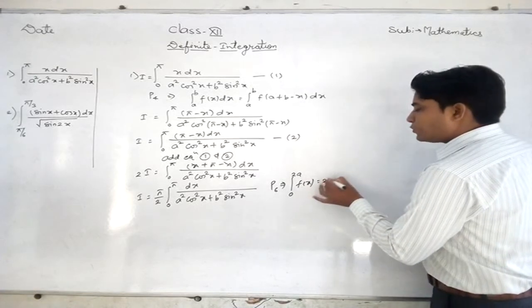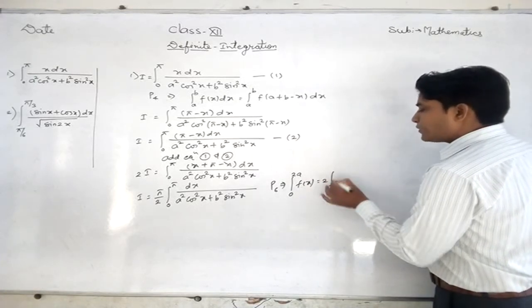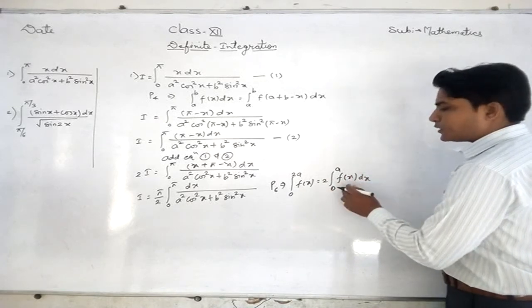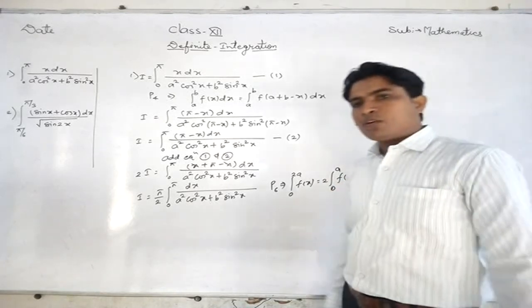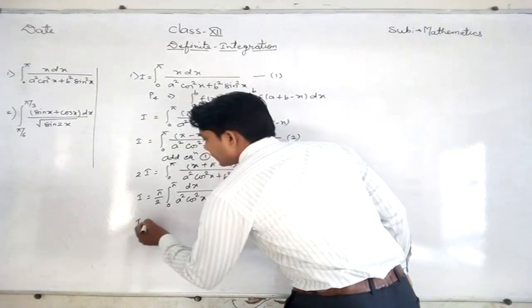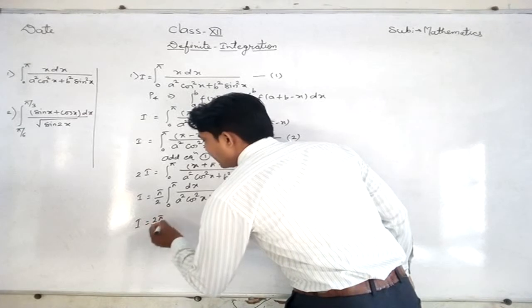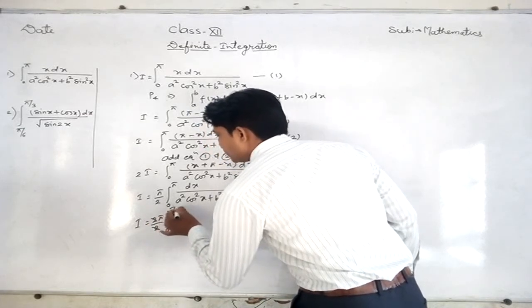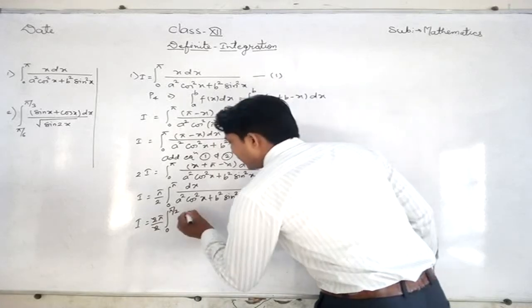So first of all we apply property number 6. Here I is equal to 2 pi upon 2, and the 2 and 2 cancel out, so it is the integral from 0 to pi by 2 of dx upon a square cos square x plus b square sin square x.